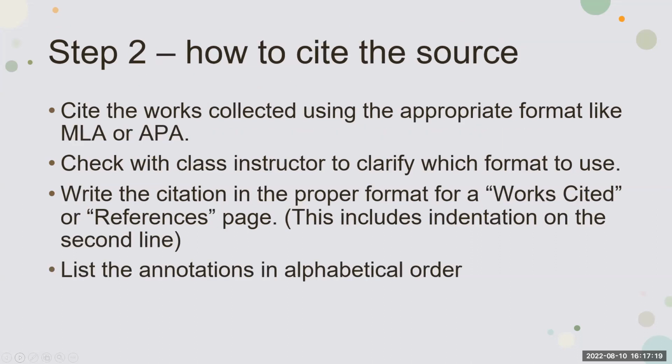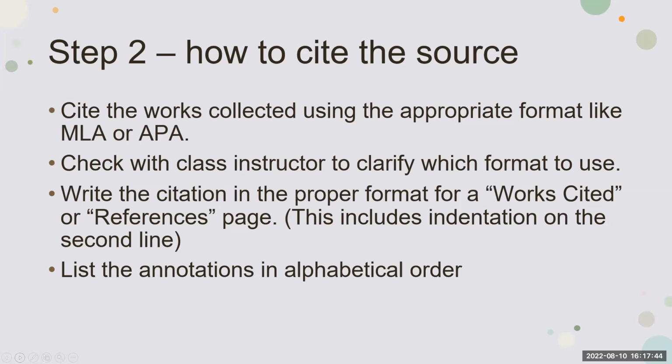Now you're going to cite the source. That's step two. Depending on how your paper is, right, you're going to cite the source using the format typically of MLA or APA, right? You're going to check with your class instructor or your assignment guidelines to make sure you understand which one you're supposed to use.